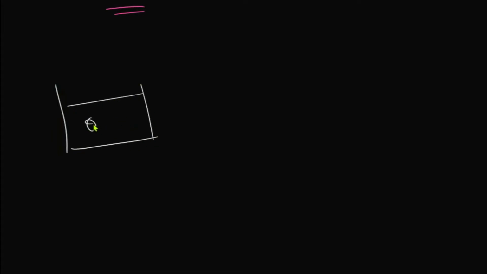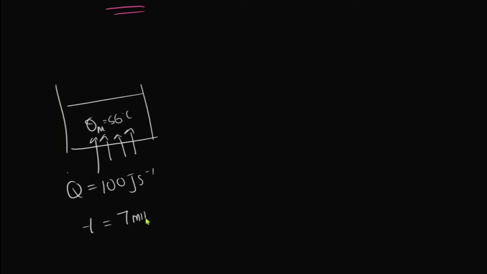The paraffin is now at its melting point, 56 degrees Celsius, right? So you keep on supplying heat, but the temperature will not vary. Why? Because this is a state transition situation, right? So for how long will the temperature remain constant? For 7 minutes, right? 7 minutes means 7 into 60 seconds.